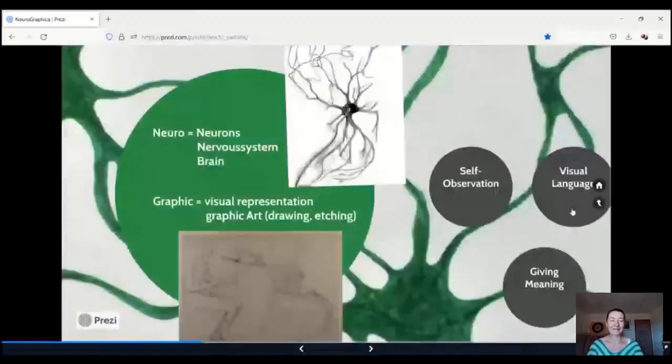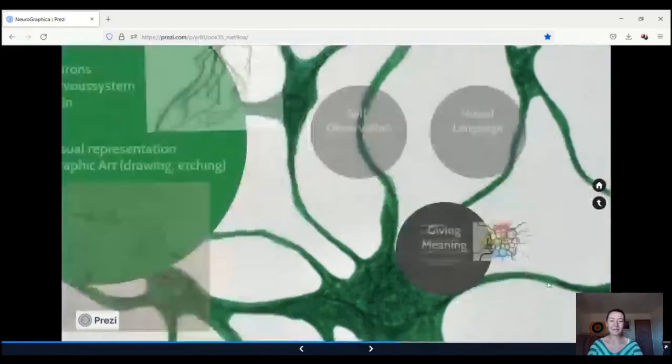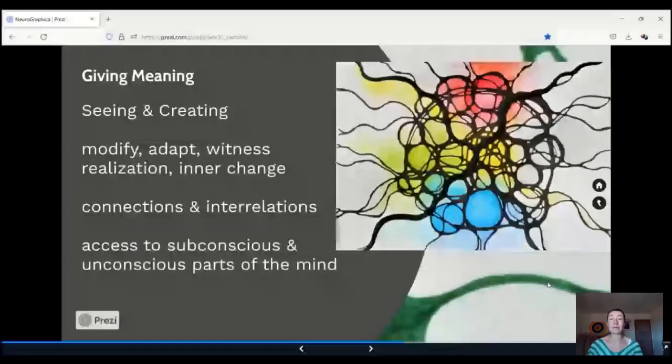But all of this is good to try out, because it's very hard to theoretically explain NeuroGraphica. So I'm going to go to the last part that I wanted to talk about today, and that is giving meaning. We can take a lot of different elements from the real world and translate them into shapes, into color, into elements in our picture.